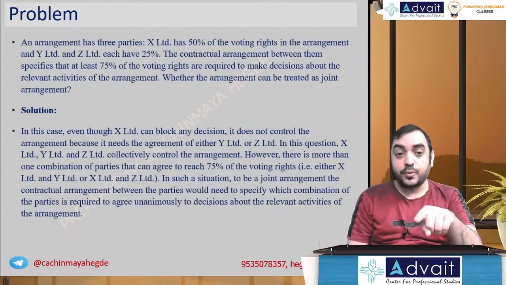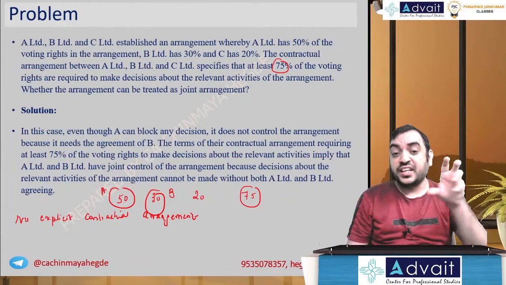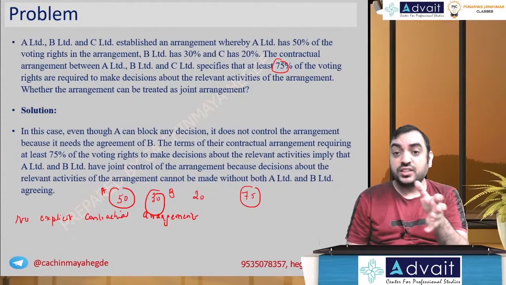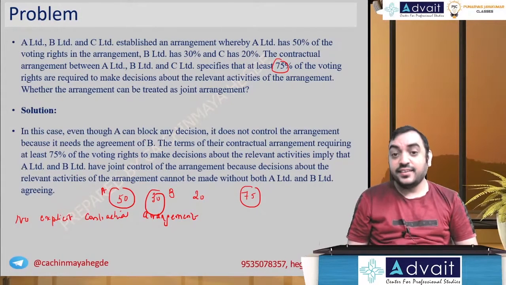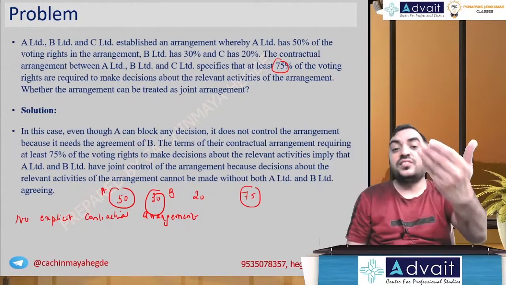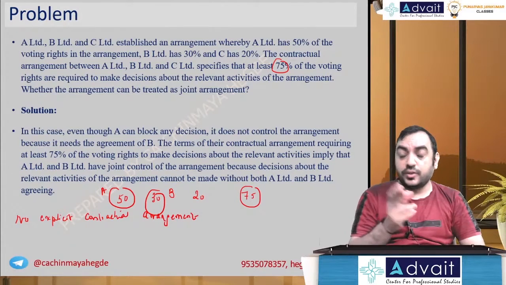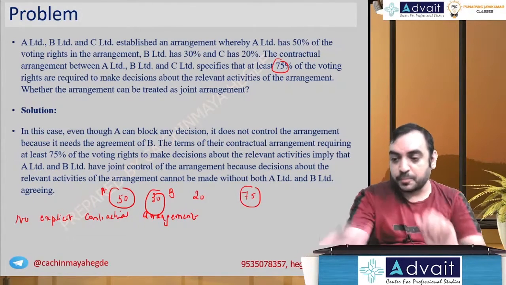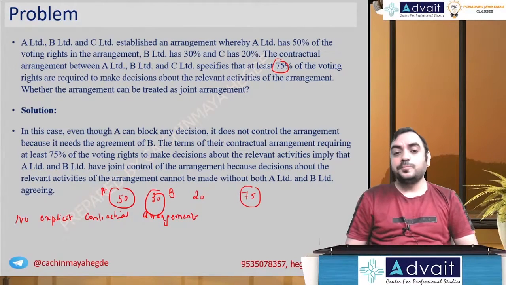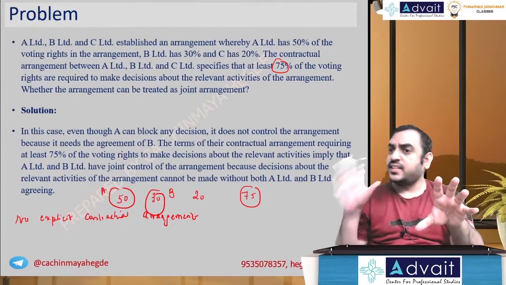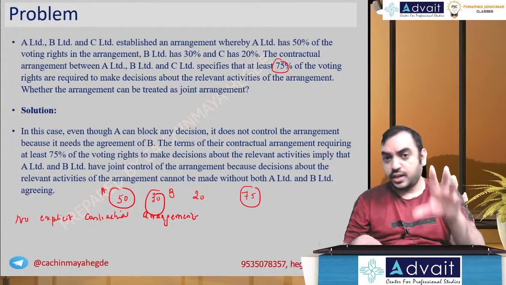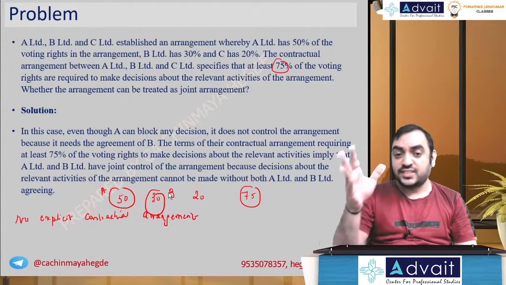Remember, in the same problem, if it was not 50, 30, 20, but 40, 30, 30, then any of the three combinations... okay, let me first complete this, then I'll give another example. Now, in this case, without A's consent, decision cannot be taken. Without B's consent, decision cannot be taken.